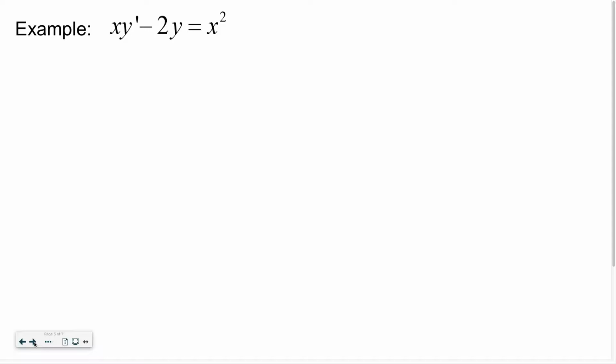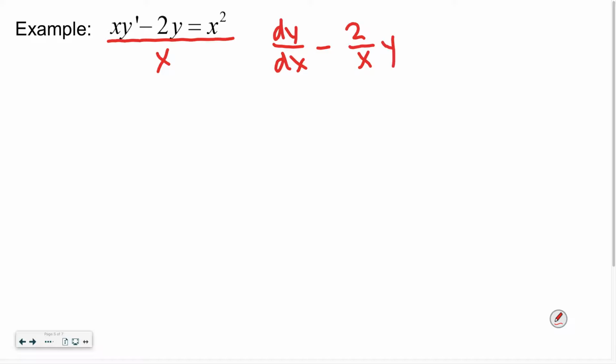Okay, so what's bothering us? x is x. So I need to divide everything by x so that we can have dy dx by itself minus two over x y equals x.